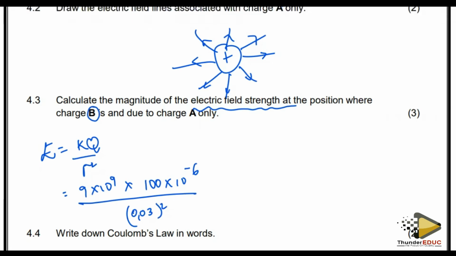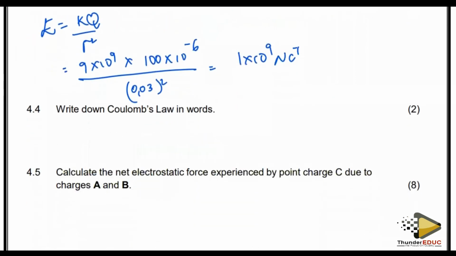So that's going to be 1 times 10 to the 9 newton per coulomb. Or you can write the whole billion there.